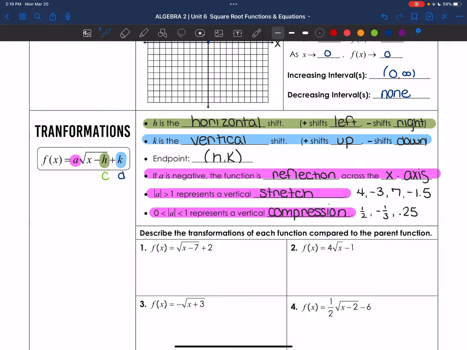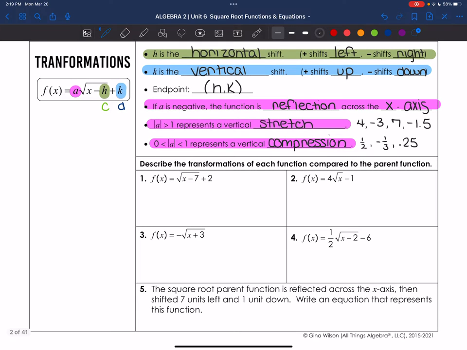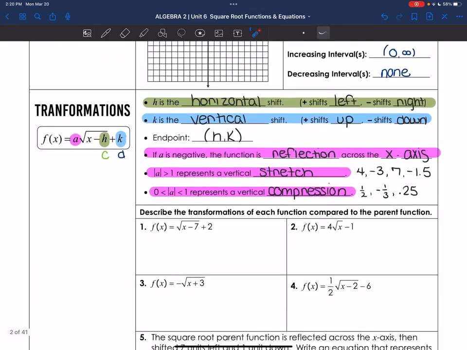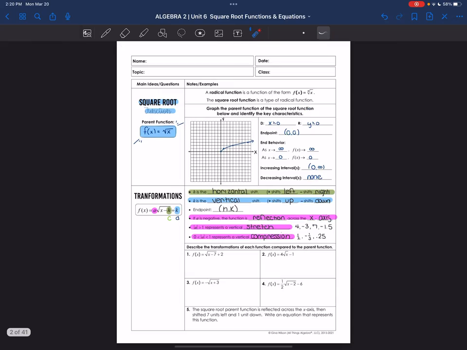So with that in mind, let's begin to describe the transformations of each of these functions compared to the parent function. So we're going to be comparing what will happen here because of those a, h, and k values.